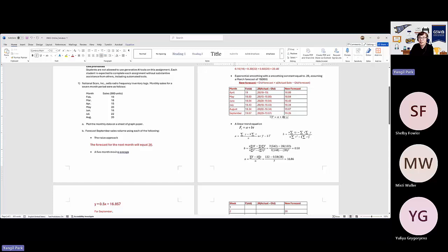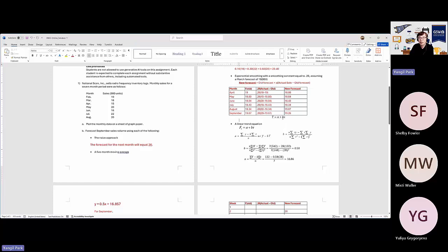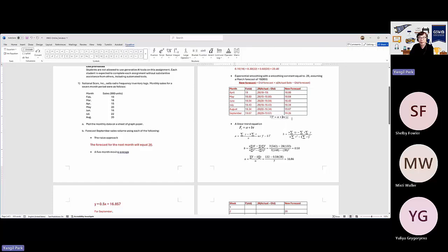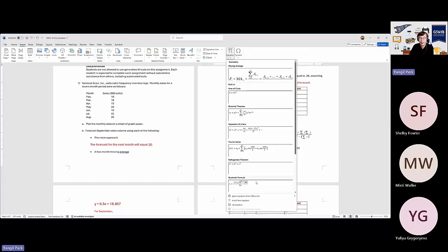So I think this is easier than trying to figure it out with all the different fonts and all that. Then you can always go back. If you kind of lose the editor, you go back by clicking it, or you just go to Insert and bring Equation back. Okay.